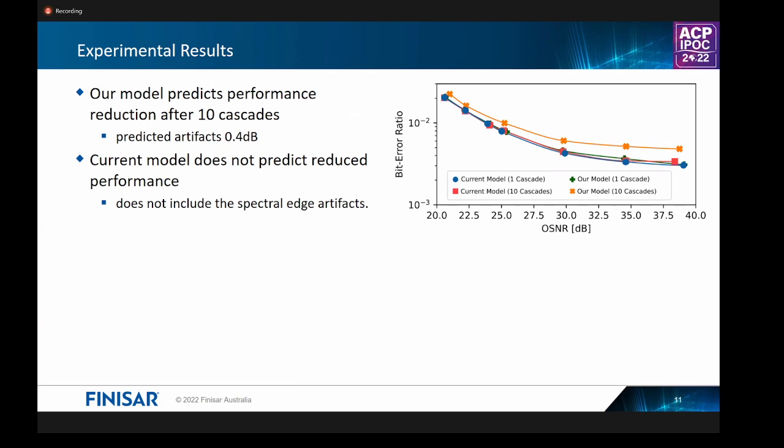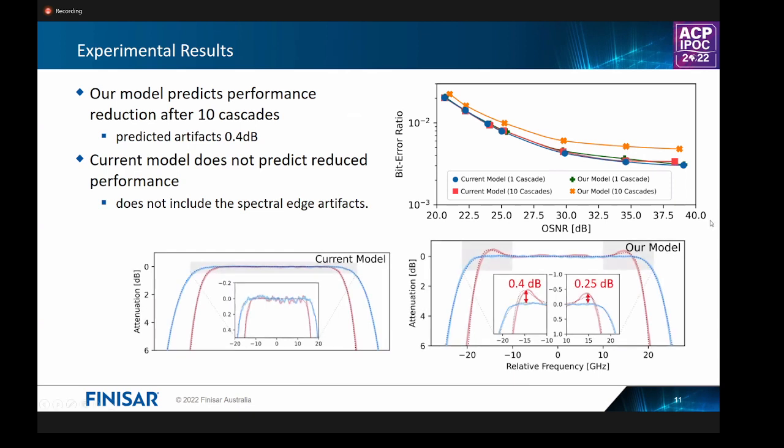And you might ask, well, why is that? Where does this reduction in performance come from? The reason is that this new model is capable of capturing this additional spectral artifact that pops up with this technique. And after 10 cascades, this artifact is at least 0.4 dB in size.